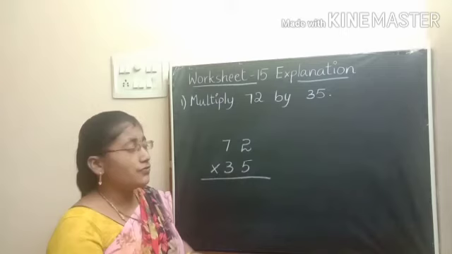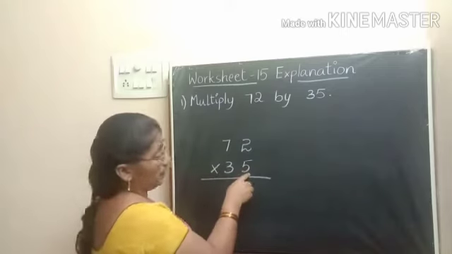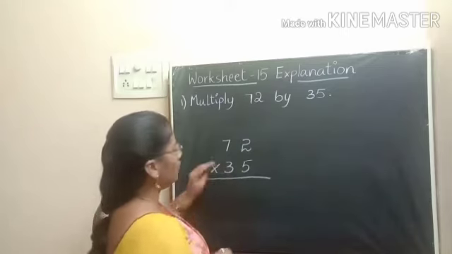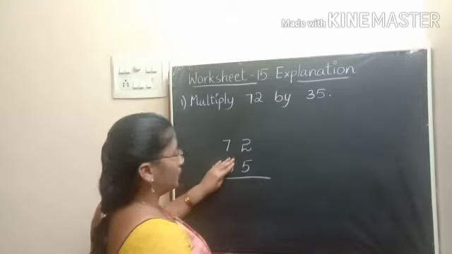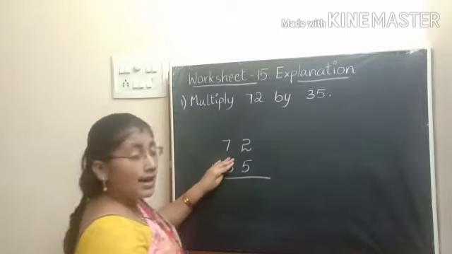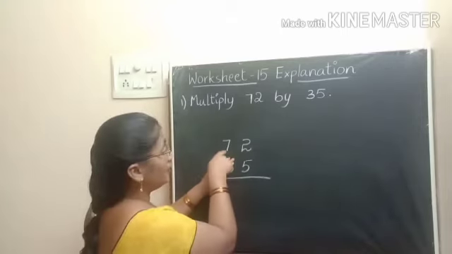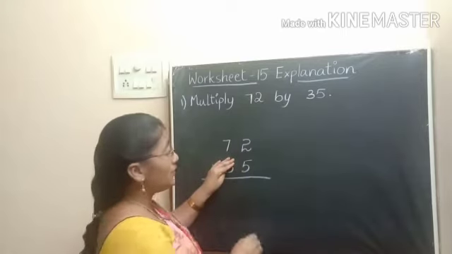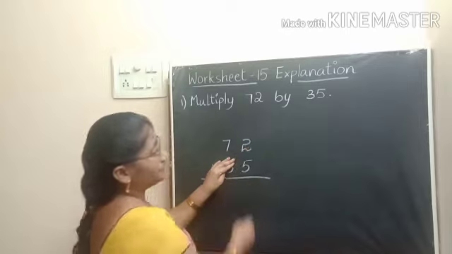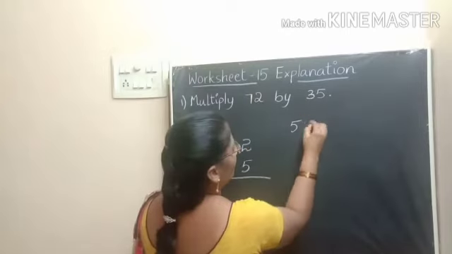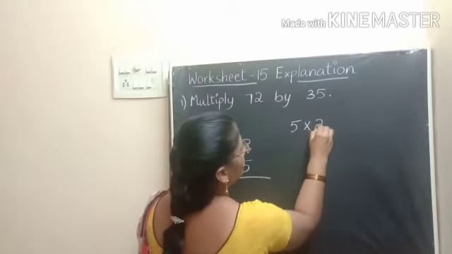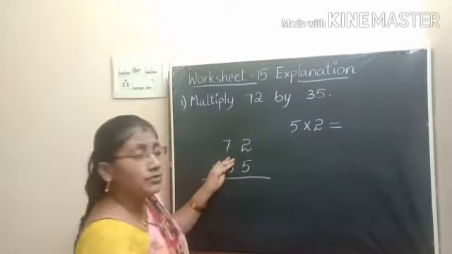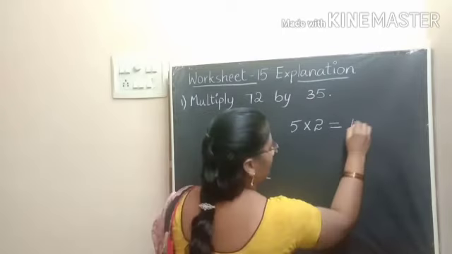First we should start from the digit in ones place. Ignore this digit and multiply each and every digit of multiplicand with 5. First we should take 5 into 2. Already we know the 5 table. 5 2s are 10.